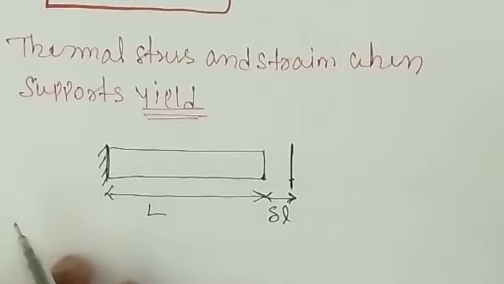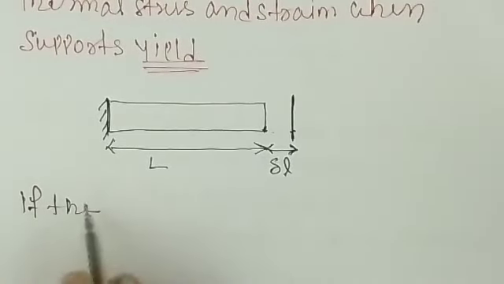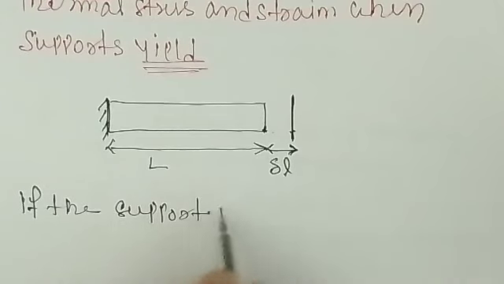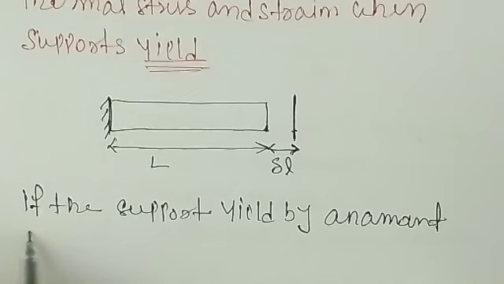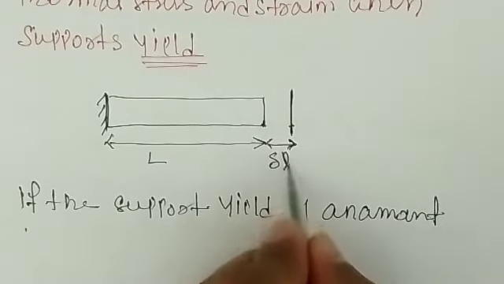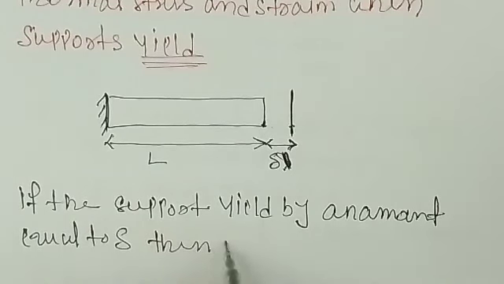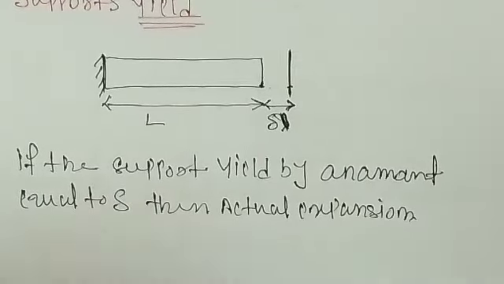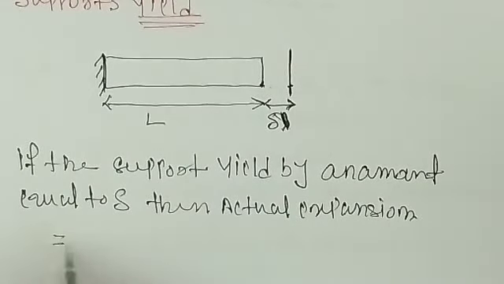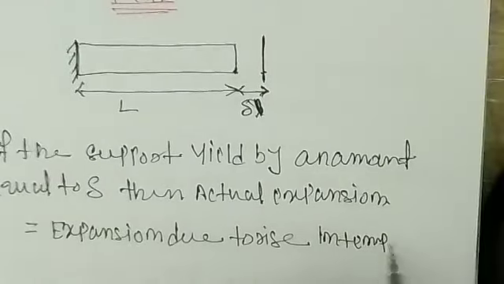So in this case, if the support yields by an amount equal to delta, it's not delta L, it's delta only, then the actual expansion is equal to the expansion due to rise in temperature minus delta.